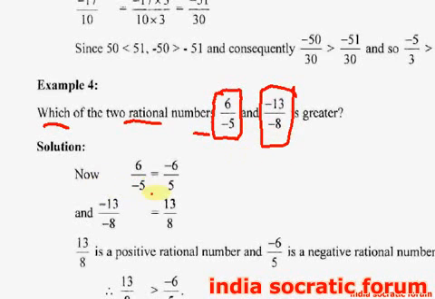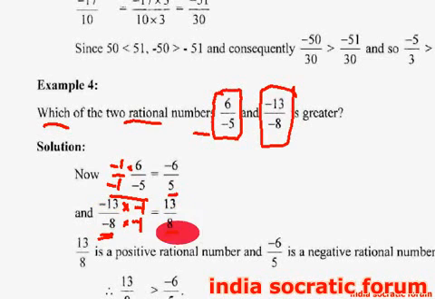We know 6 by minus 5 equals, multiplying minus 1 on the top and bottom, minus 6 by 5. We want to bring the negative sign to the top. Likewise, minus 13 by minus 8 equals, multiplying minus 1 on numerator and denominator, minus minus becomes plus, so it becomes 13 by 8.